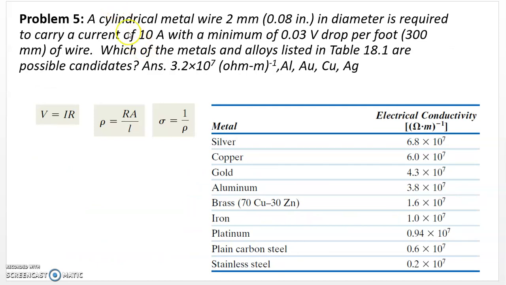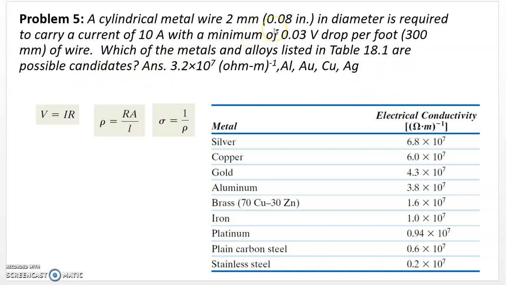Problem 5. A cylindrical metal wire 2 mm in diameter is required to carry a current of 10 ampere with a minimum of 0.03 volt drop per foot, or 300 millimeter of wire. Which of the metals and alloys listed in this table are possible candidates?